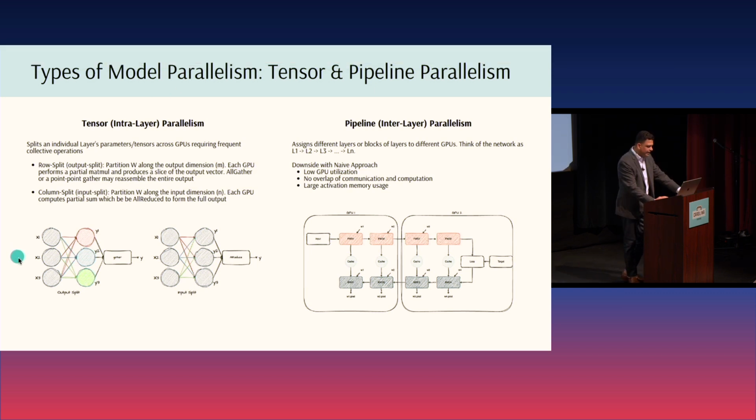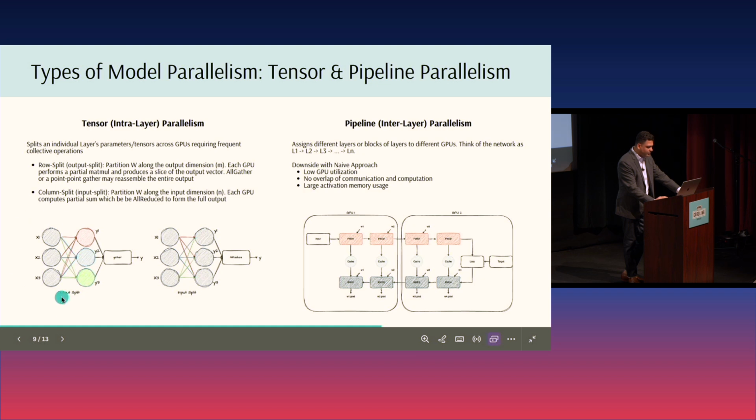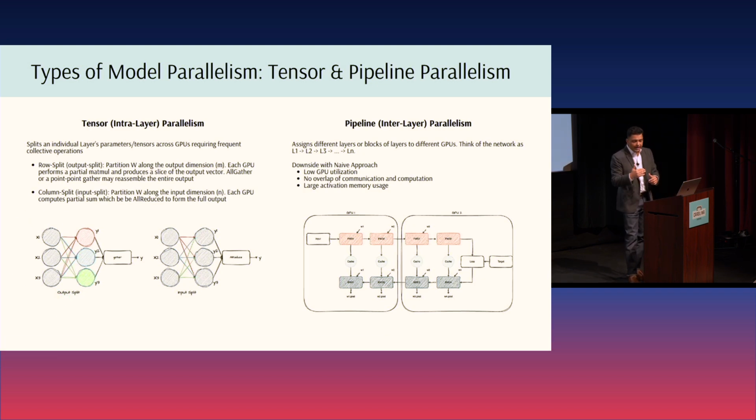So think about it as, in this case, you have three different nodes within the layer. Now you can have the first node going into GPU 1, the second into GPU 2, and the third into GPU 3. And you can do that from both an input as well as an output perspective.